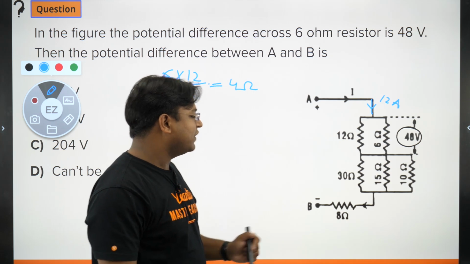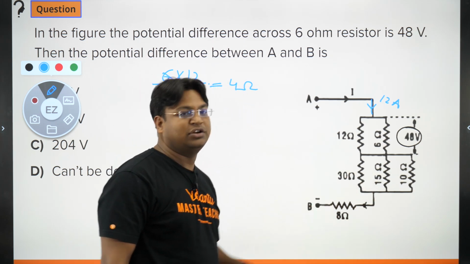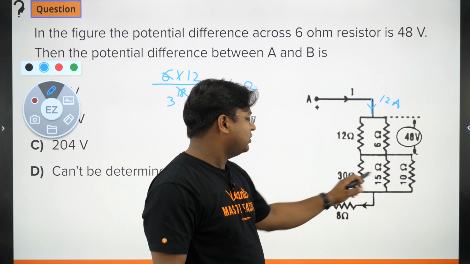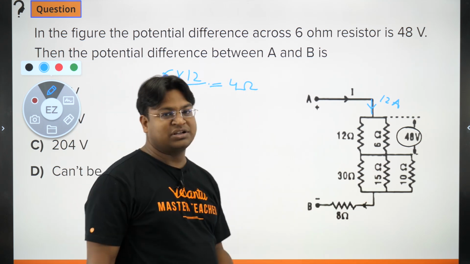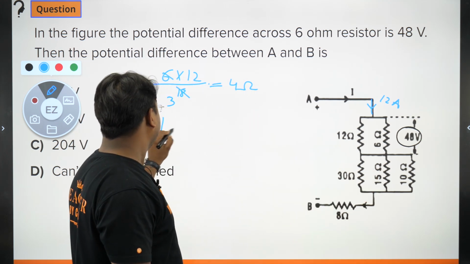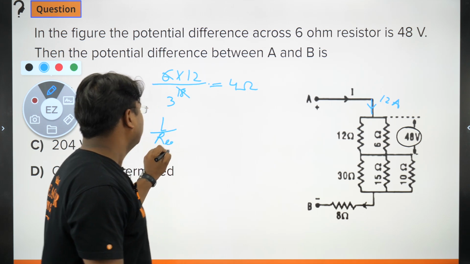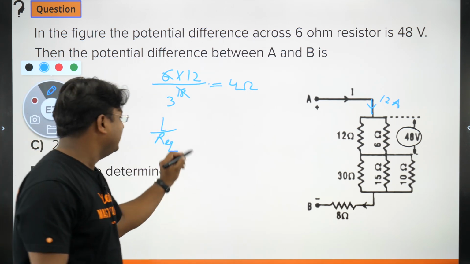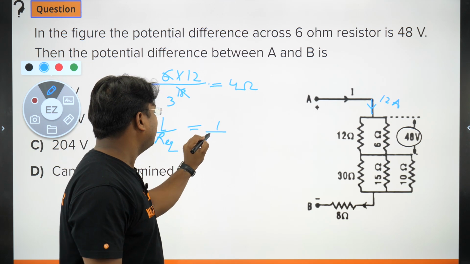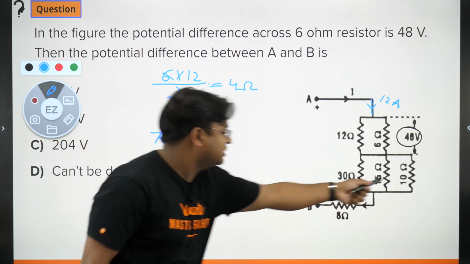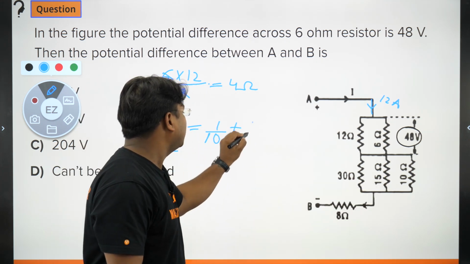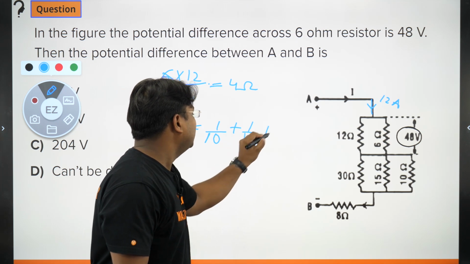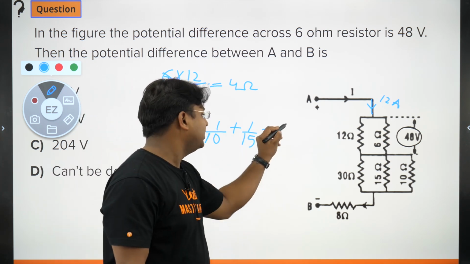ठीक है. Now what we can do, we can find the equivalent of these three also. For example, the equivalent of these three, since there are 3 resistances, let's go by the formula only. 1 upon R equivalent will be given by 1 upon R1, let's say that is 10, then 1 upon R2 that will be 15, then 1 upon R3 that will be 30.